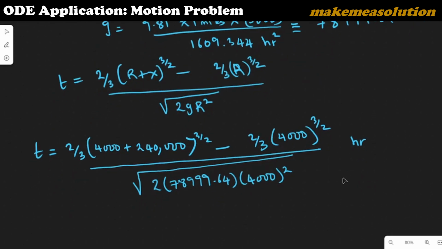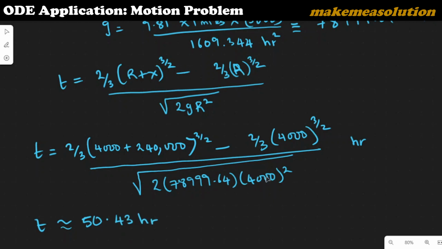So let's use our calculator to punch this in and see what we get. Punching it in, we get T to be approximately 50.43 hours.